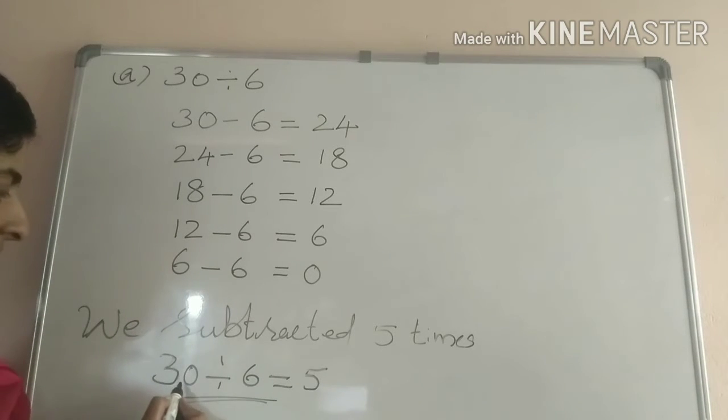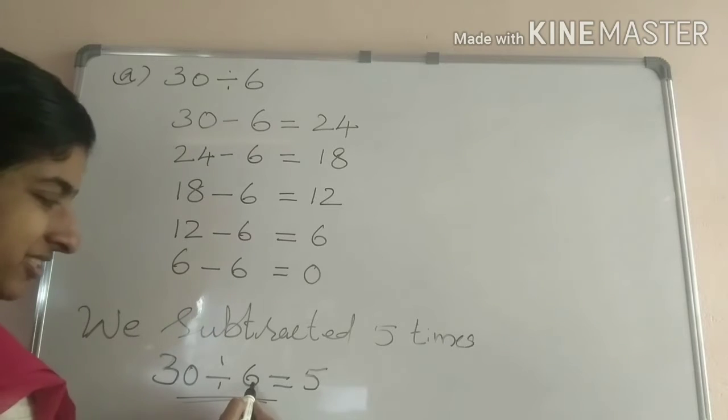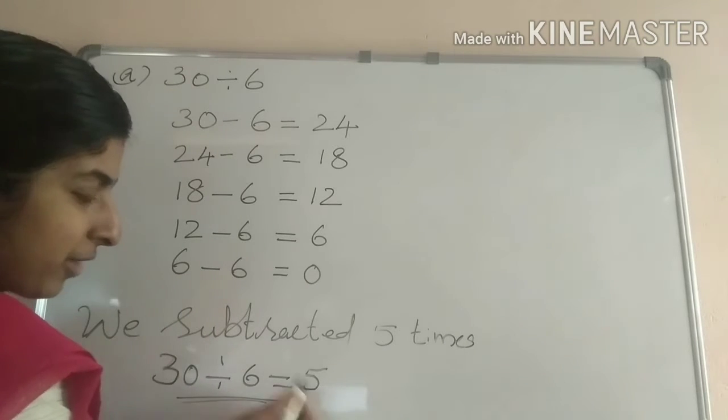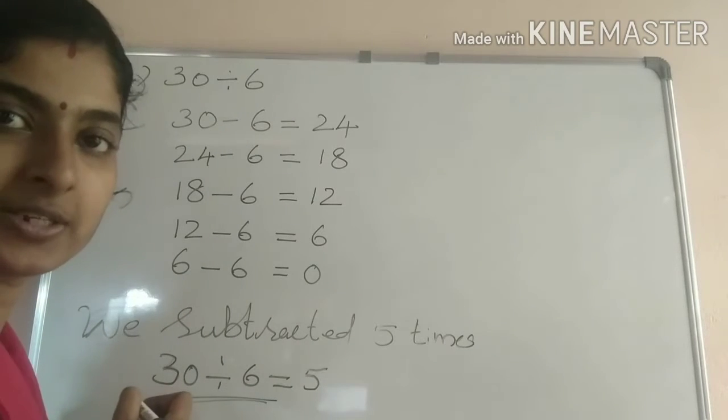Here 30 is the dividend, 6 is the divisor and 5 is the quotient.